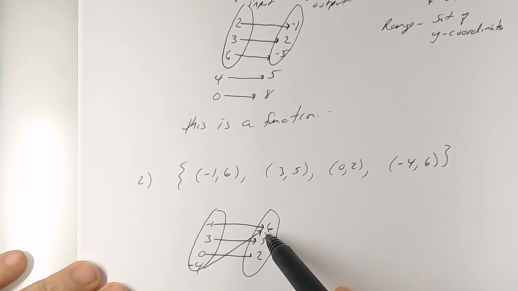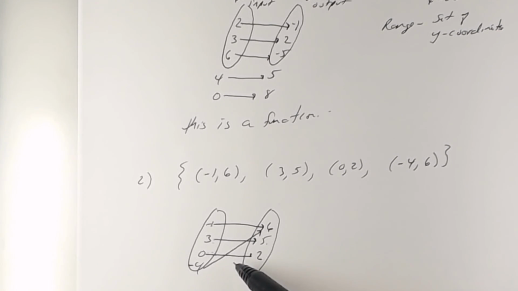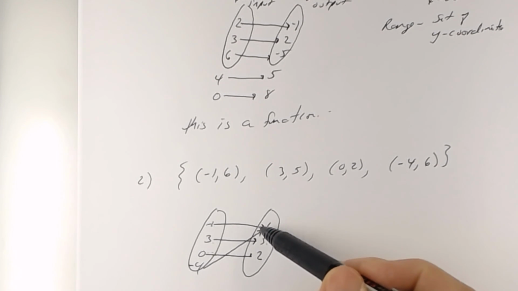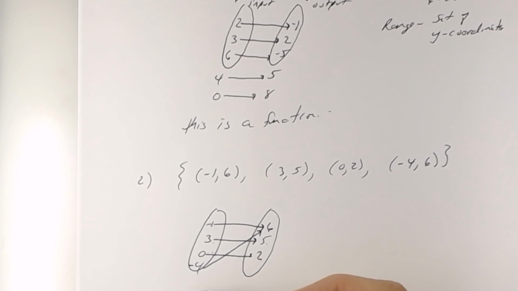Is this a function or not a function? It is a function. For each x coordinate, there's what? 1 y coordinate. We just talked about that. When x is -1, how many y coordinates were there? 1.